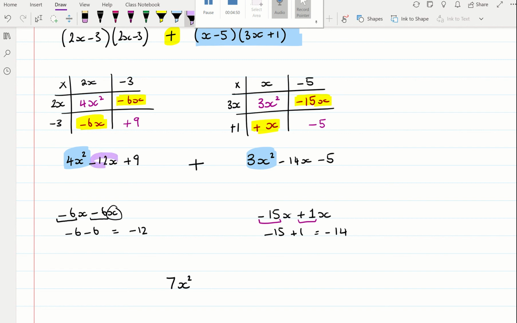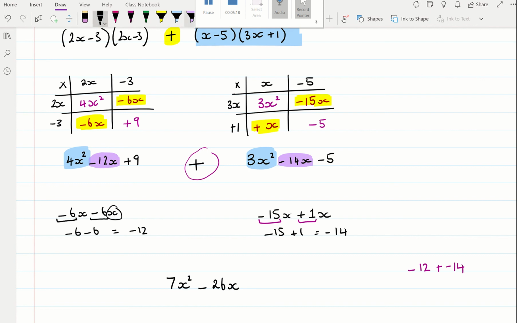Then you have minus 12x add minus 14x, which is actually just minus 12 minus 14, which is minus 26x. Again, on your calculator, you can put the following: minus 12, and then you've got your add, and it's minus 14.